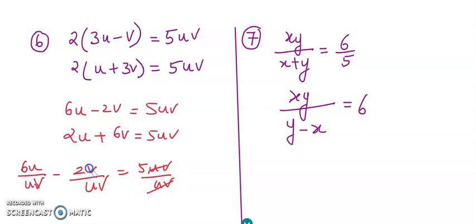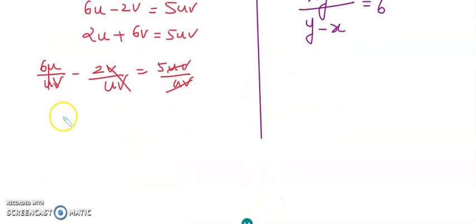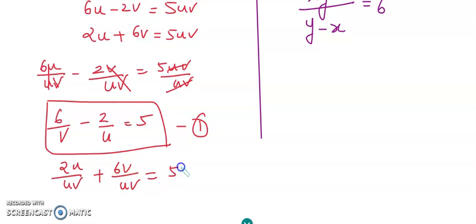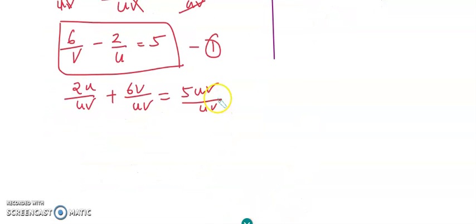The uv cancels off, here the v cancels and the u cancels. So my first equation turns out to be 6 upon v minus 2 upon u equals 5. The next equation is 2u divided by uv plus 6v divided by uv equals 5uv upon uv. Again the uv cancels, here the v cancels and the u cancels. So 2 upon v plus 6 upon u equals 5.